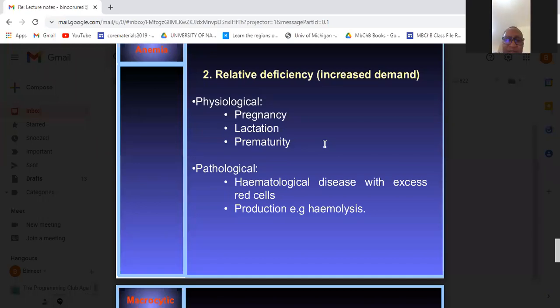You can also have increased demand in pathological conditions, especially in hematological diseases with excess red cell hemolysis, like sickle cell disease.